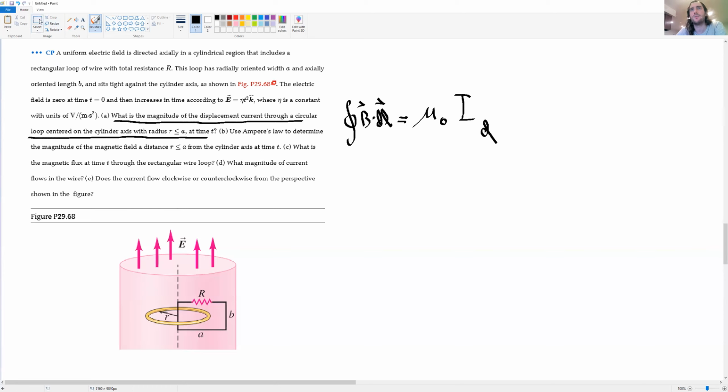Actually, I should put the full Ampere's law first. So it's mu 0 times I conduction, the conduction current, plus the displacement current. And this displacement current we saw was equal to epsilon naught d phi_E dt.